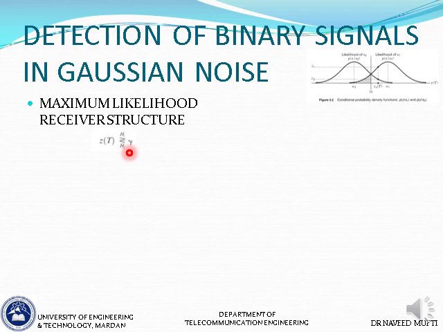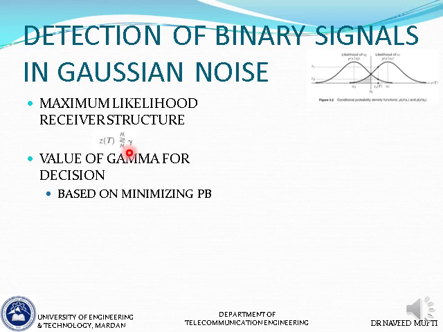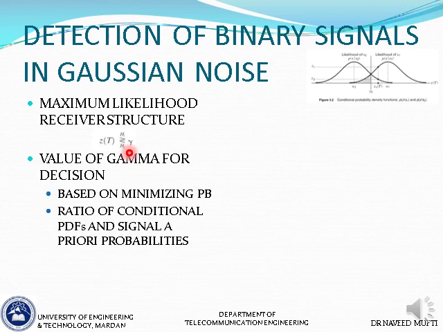So the calculation of this minimum error value for gamma is equal to gamma naught, it starts with forming an inequality expression between the ratio of conditional probability density functions and the ratio of the signal a priori probabilities. So these are two ratios.